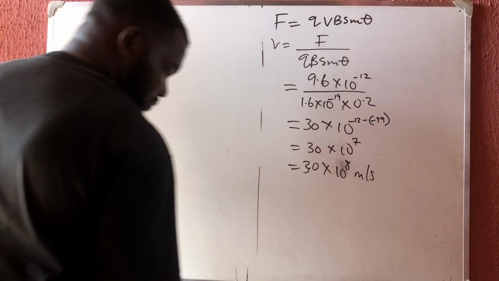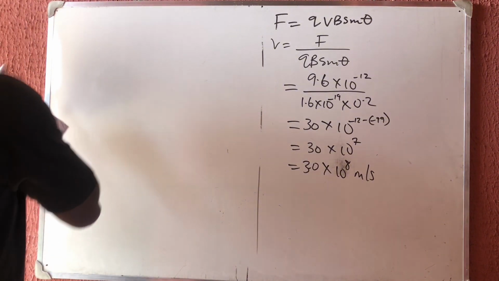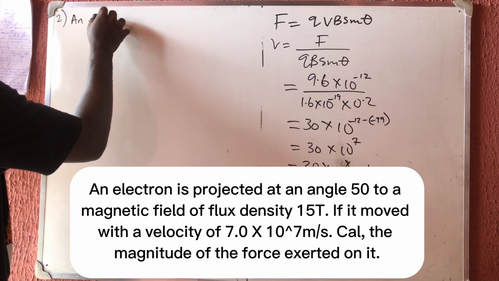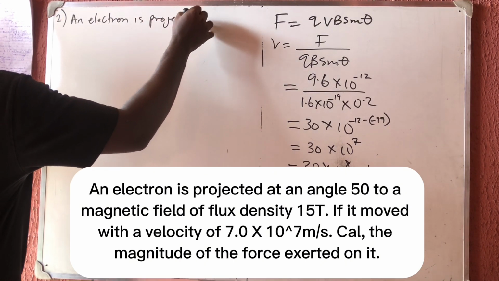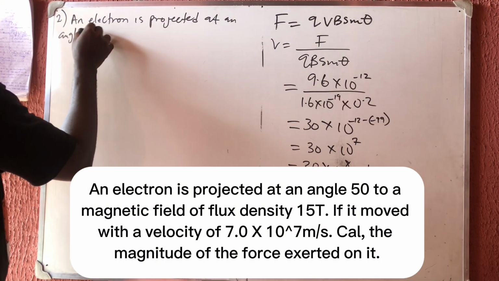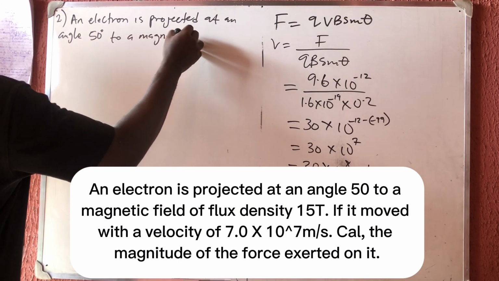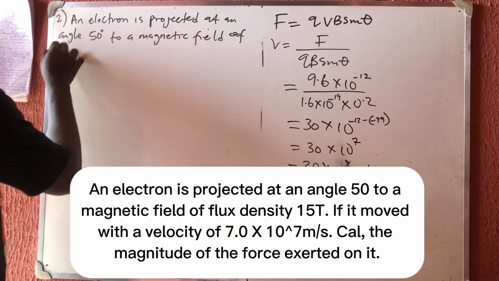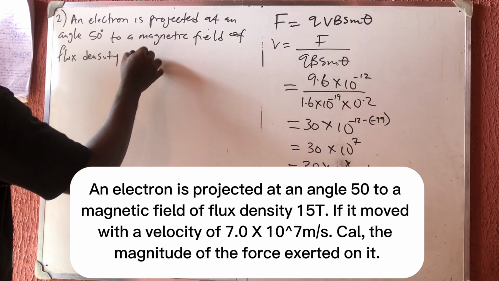Question number 2. Question number two said an electron projected at an angle 50 degrees to a magnetic field of flux density 15 Tesla.